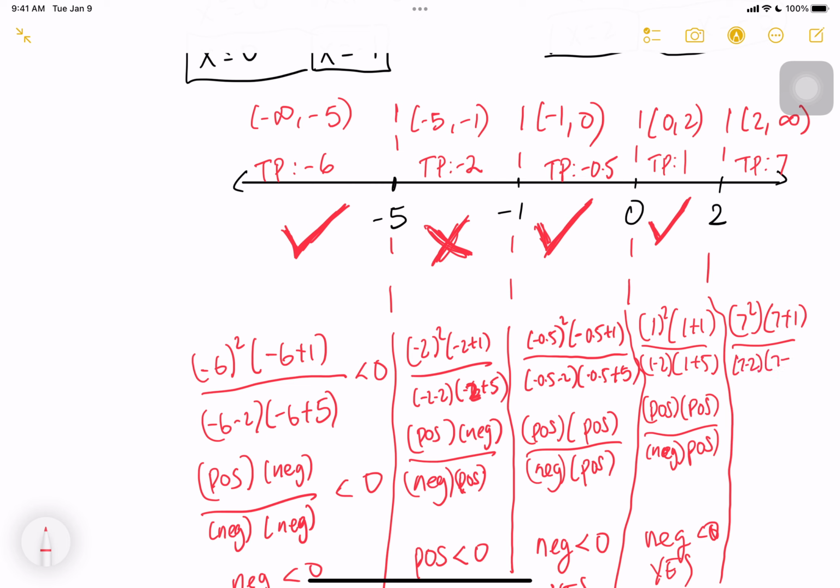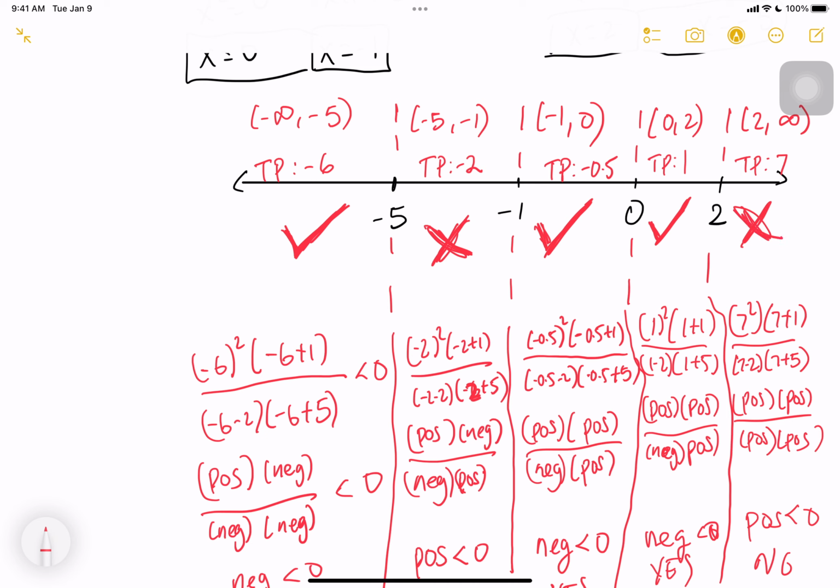I just need to know the sign. And then you analyze the signs. 7 squared is positive. 7 plus 1 is positive. 7 minus 2 is positive. 7 plus 5 is positive. So the whole thing is positive. And a positive number is not less than 0. So therefore, that's not the answer.